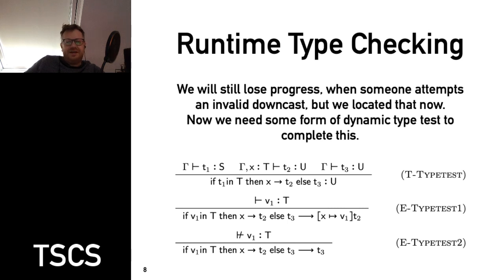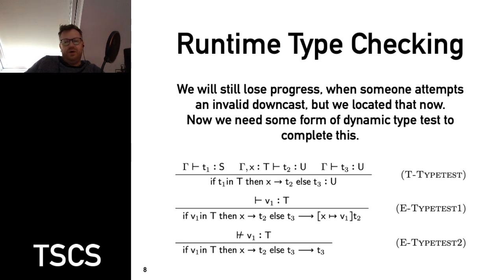And T-TypeTest has the form of a special if in this case. It's basically a reuse in syntax. You can form this in a different way. In this case, it's been designed like this.